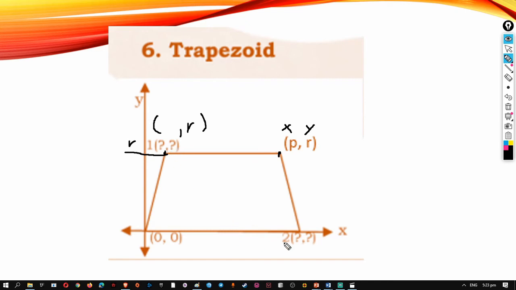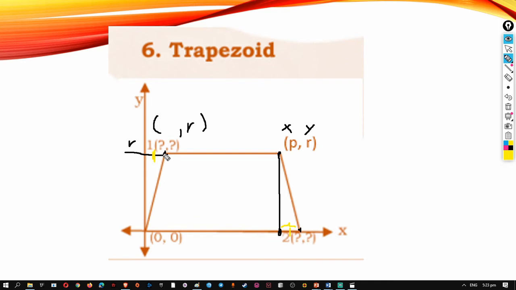Next. Paano natin kukunin? Hindi na naman katapat. Drawing ulit tayo. So, ito daw ay P. Ang hinahanap natin ay ito. So, ano to? Itong part na to ay equal to this.